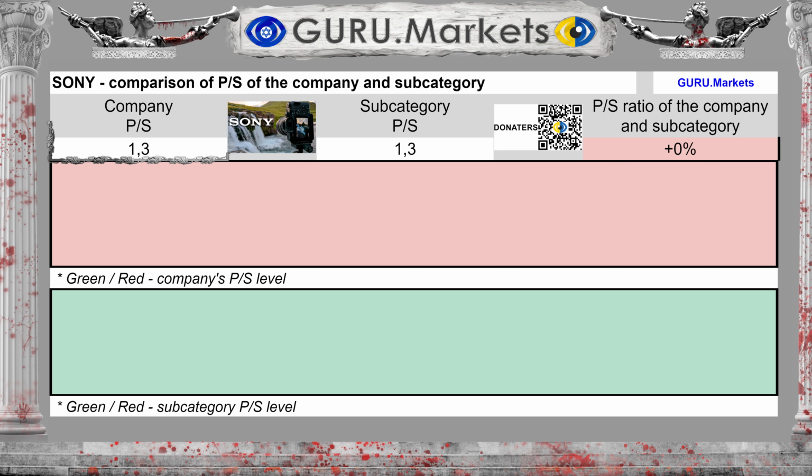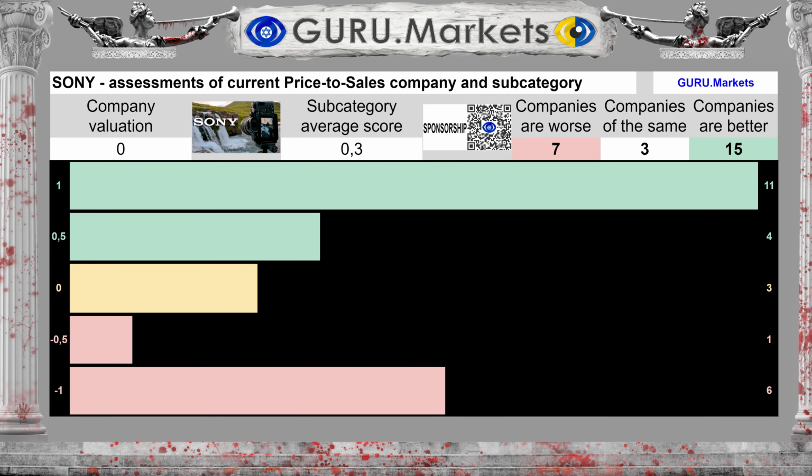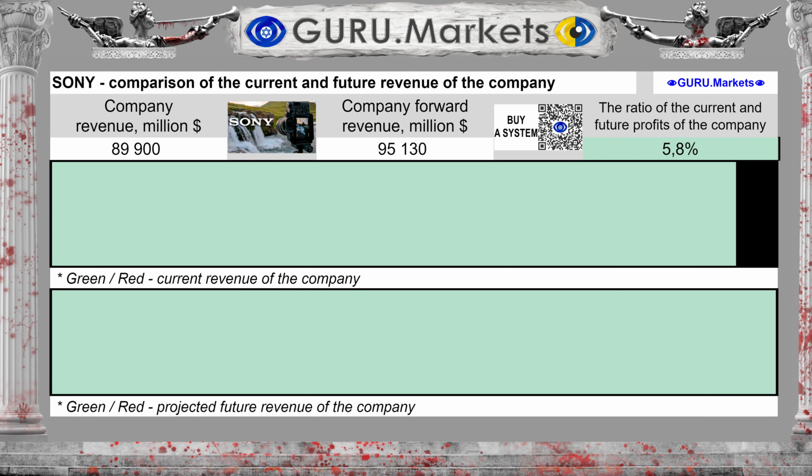The ratio of company value to revenue is 1.3. The subcategory average of 1.3 is 0% higher than the subcategory average. Assessment of market value to revenue indicators in comparison with indicators in the subcategory: Tolerable, 0 points. Revenue for the last 12 months was $89,900 million.